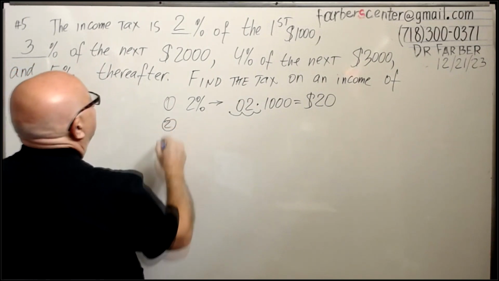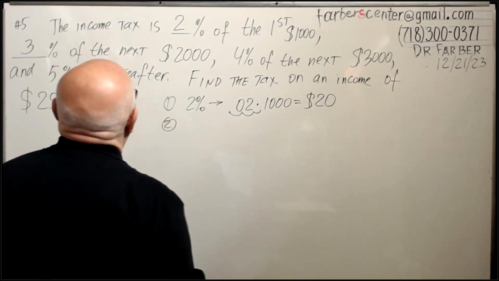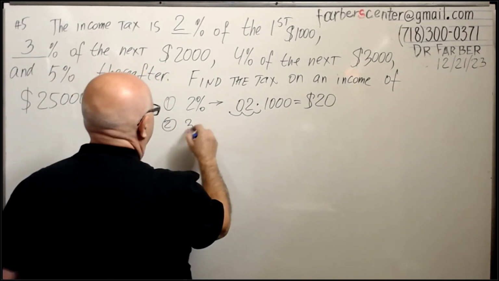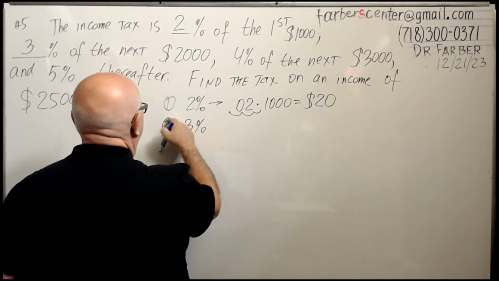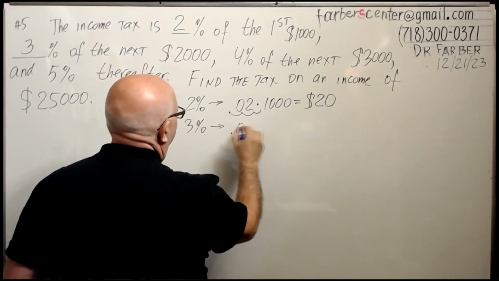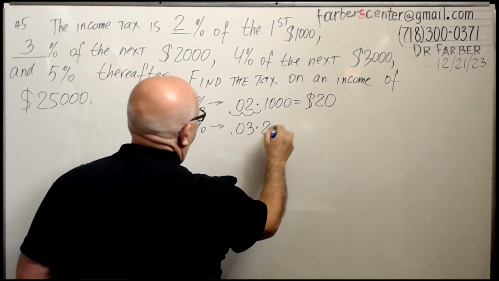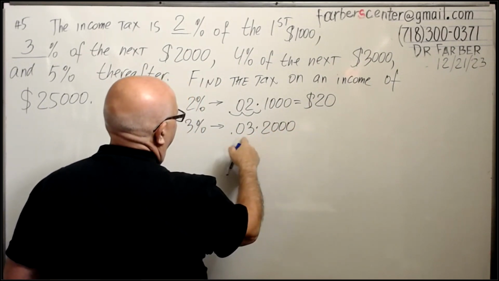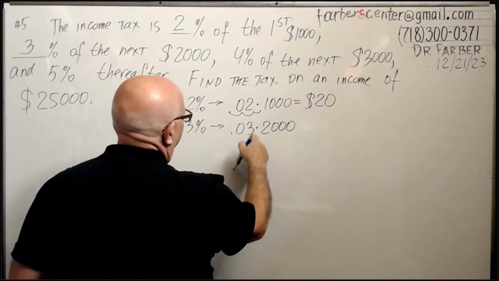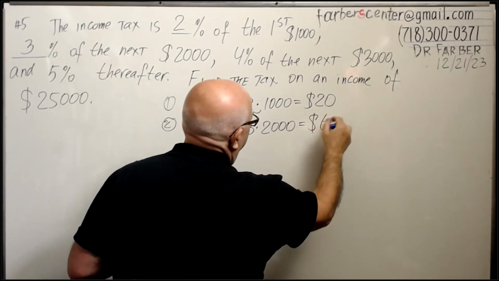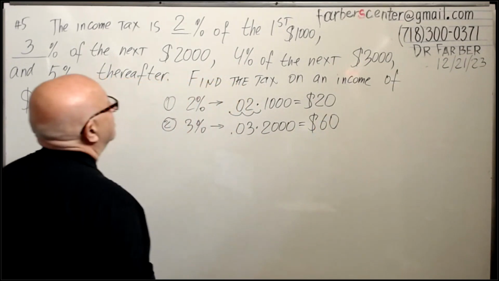The next step, 3% of 2,000. That is 0.03 of 2,000. 3 times 2 is 6, and you move 3 places, 1, 2, 3. It will be $60. So far, so good.